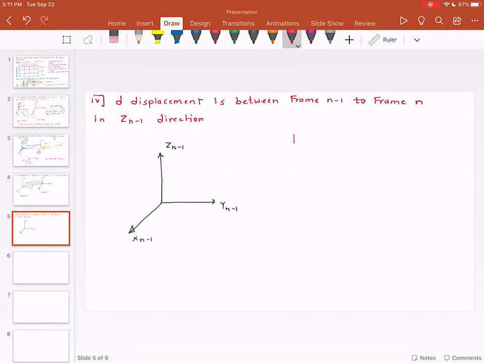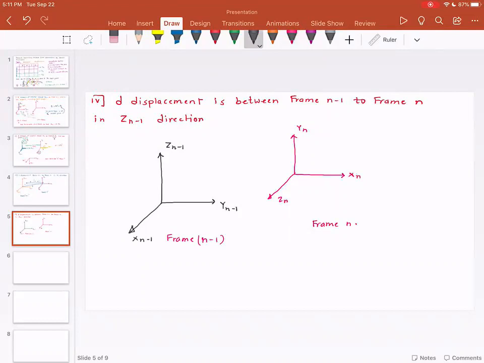And you have another coordinate system, xn, yn, and zn. So d displacement is between, this is frame n minus 1. This is frame n.